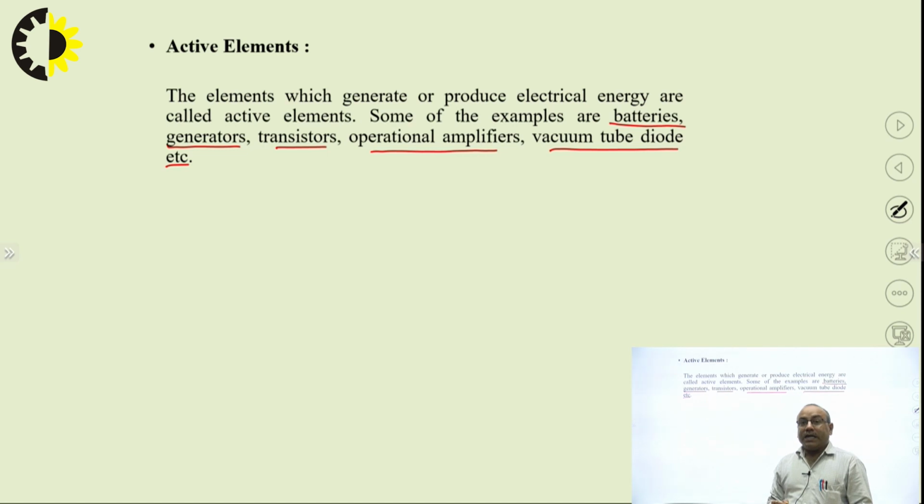In a battery, chemical energy is converted into electrical energy, so it is a source of electrical energy and an active element. Similarly, a generator converts mechanical energy into electrical energy, so it is also an active element. Similarly, in a vacuum tube diode there are two terminals, anode and cathode.